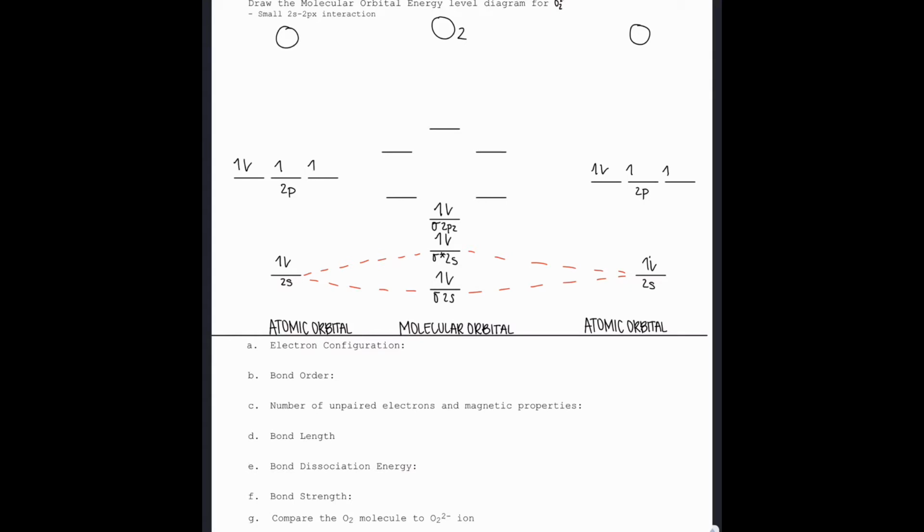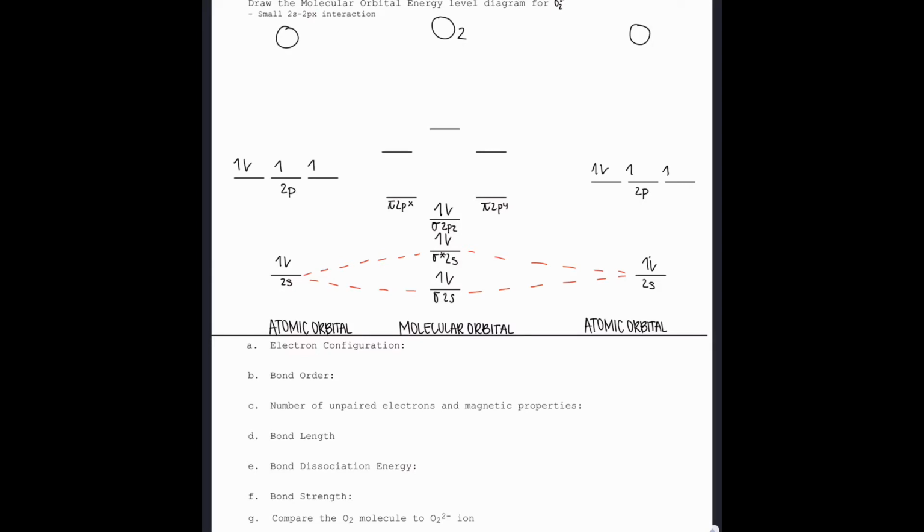2pz level. 1, 2. Next, we will add to our pi levels, which would be pi 2px and pi 2py.